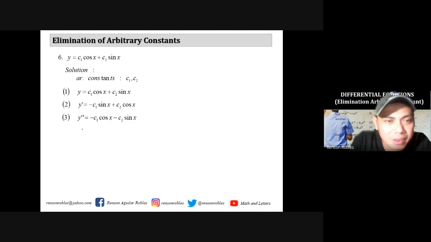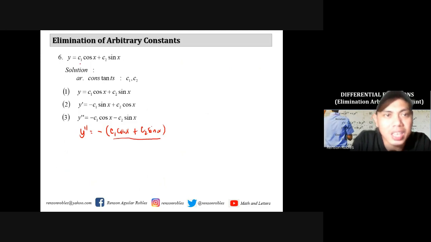When I factor out -1 here, so c1 cosine of x plus c2 sine of x. And then you can see that this is in fact our y. So therefore, y double prime equals negative, what is this? Our y.